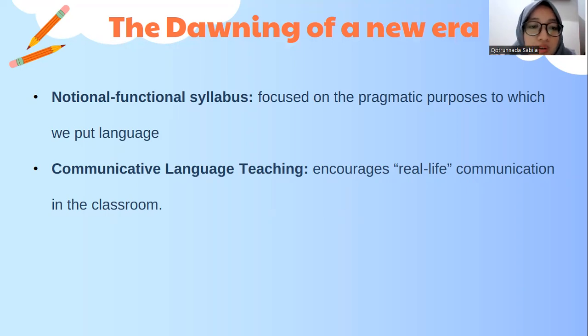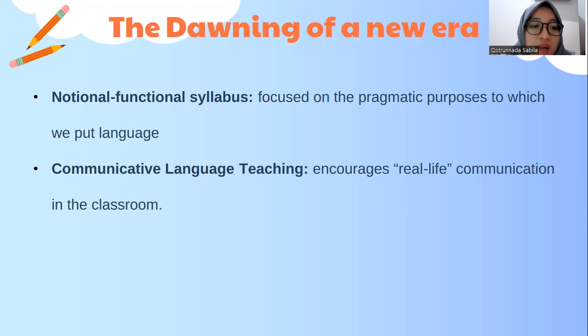General notions are abstract concepts such as existence, space, time, quantity, and quality. They are domains in which we use language to express thought and feeling. The functional part of the notional-functional syllabus corresponded to language functions, and curricula were organized around such functions as identifying, reporting, denying, accepting, declining, asking permission, and apologizing.